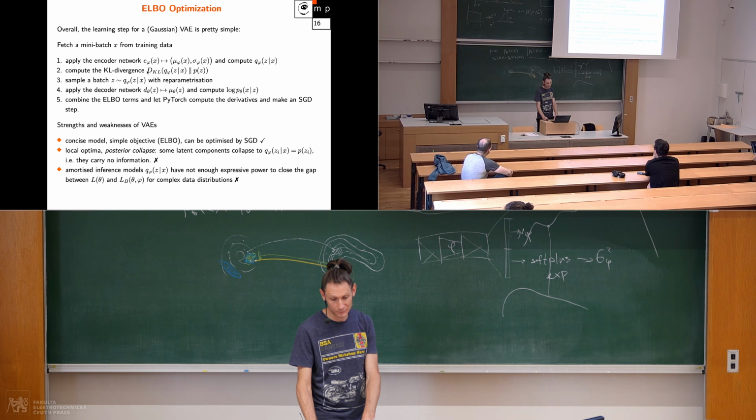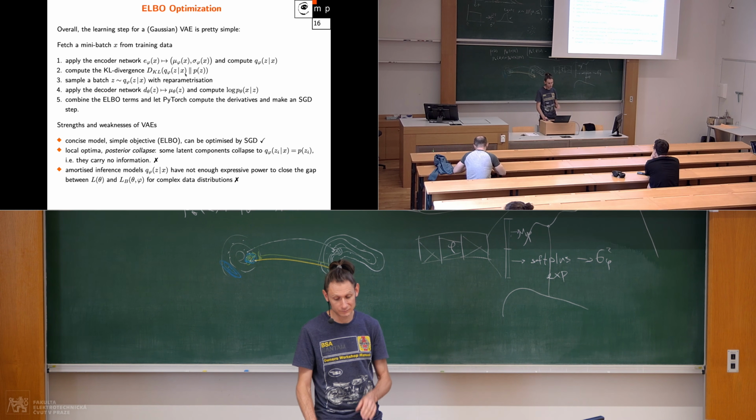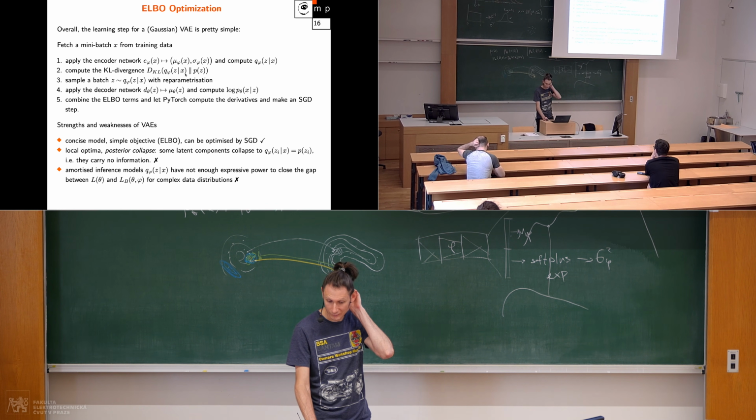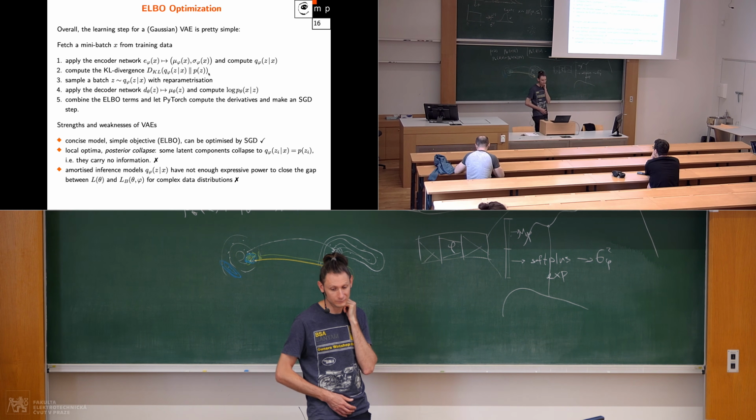We compute the Kullback-Leibler divergence between the distribution of the encoder and the prior.